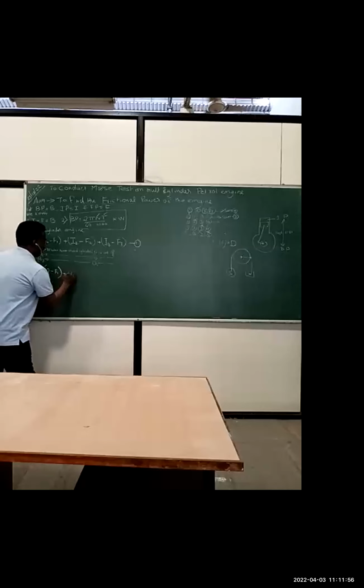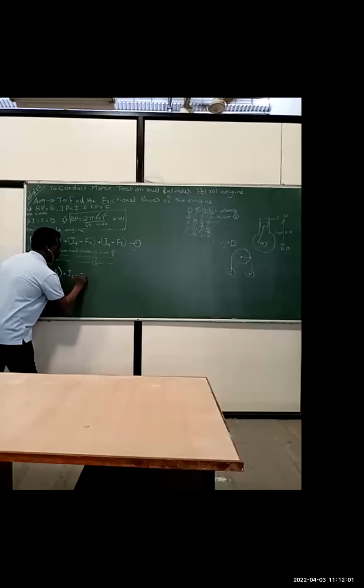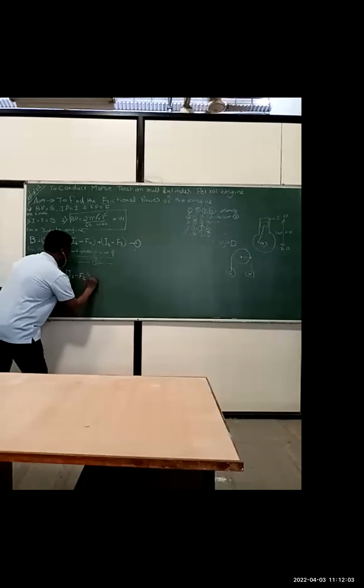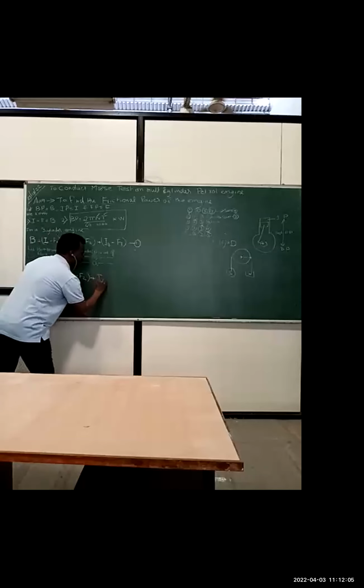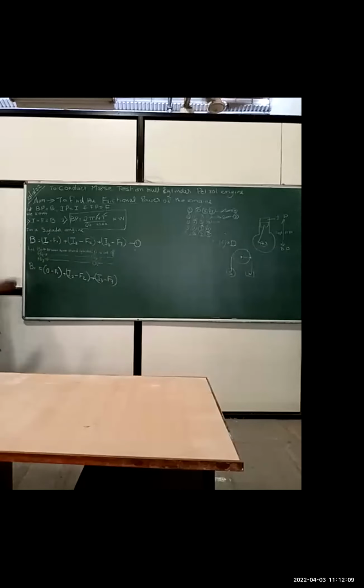Now, obviously, I2 is there as it is, and I3 is also there as it is. Now the question arises whether F1 will be there. Since all the cylinders are connected to the same shaft, the piston is going to move up and down inside the cylinder irrespective of whether power is produced in that particular cylinder or not.